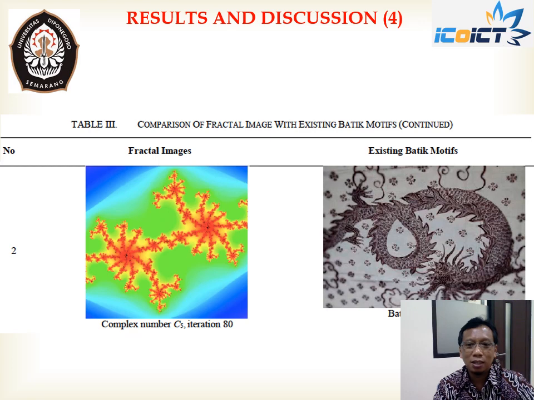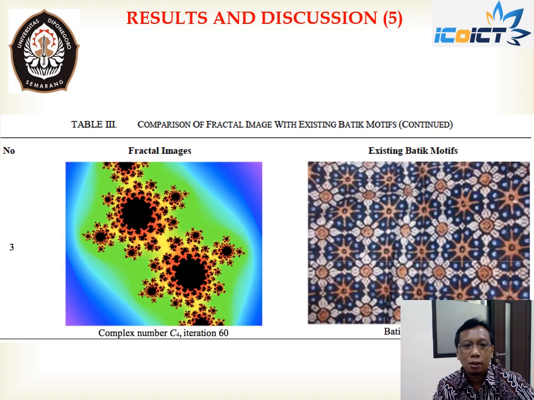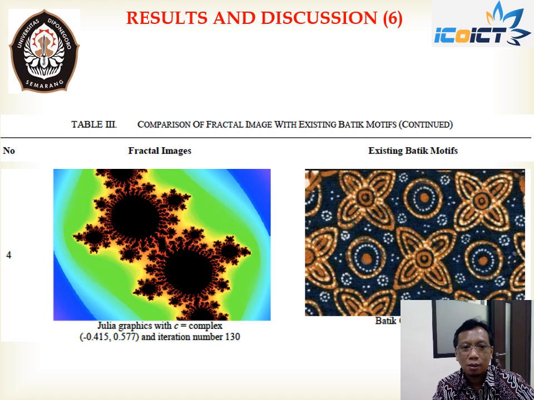The second is for the complex number C5 with iteration 18. This is for iteration 16. For iteration 113.